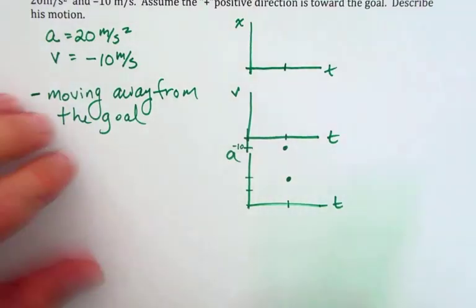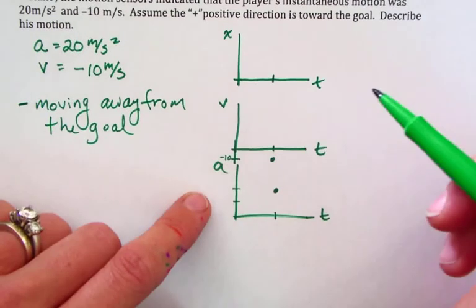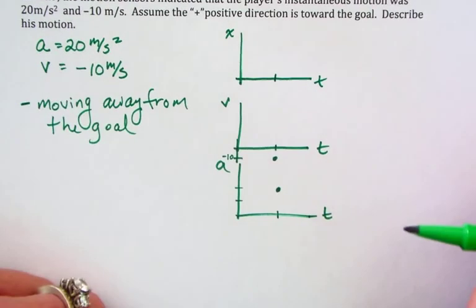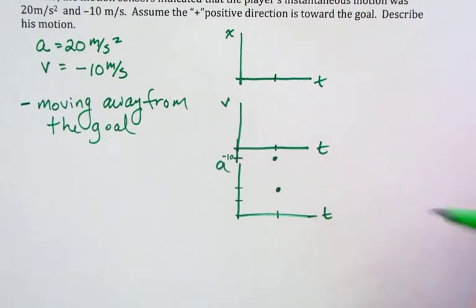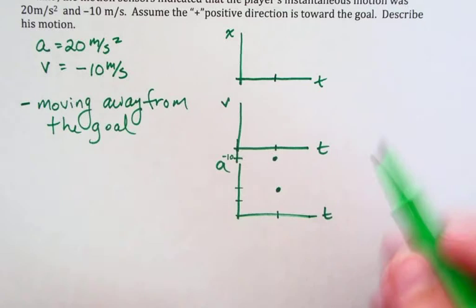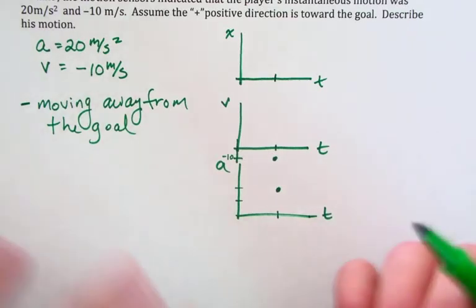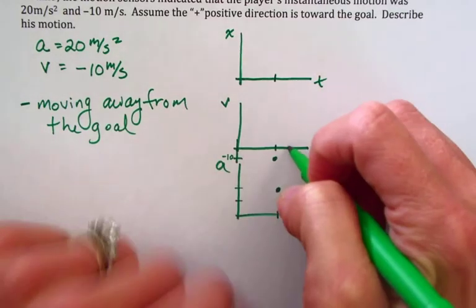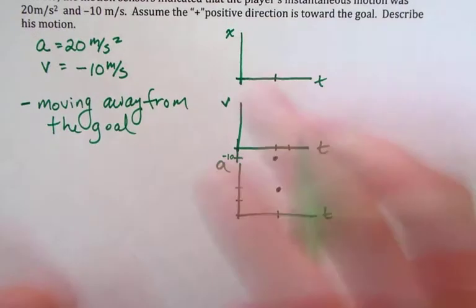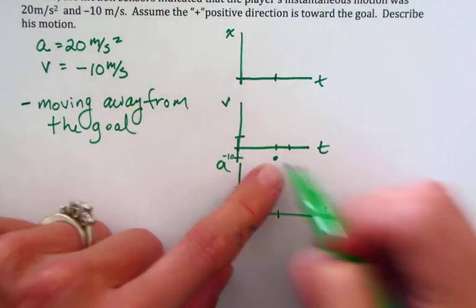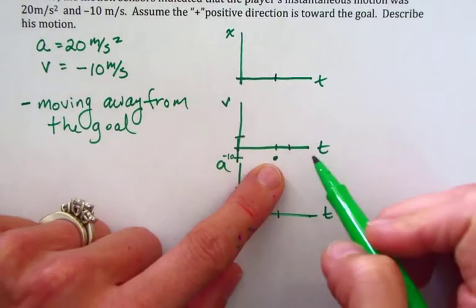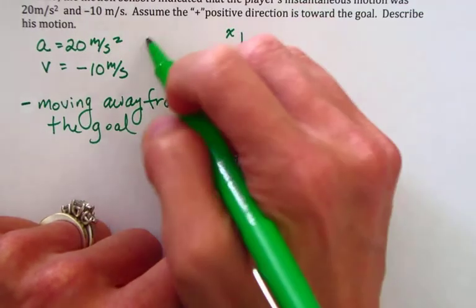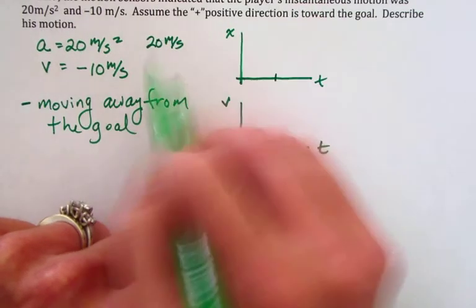So what I want you to remember here is that we are looking at this 20 meters per second squared, that's your acceleration. If that's the case, after, let's say, 1 second later, then on your velocity versus time graph I have increased by 20 meters per second.